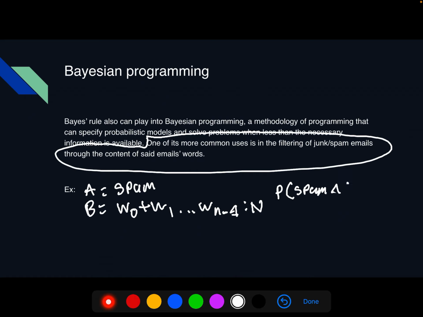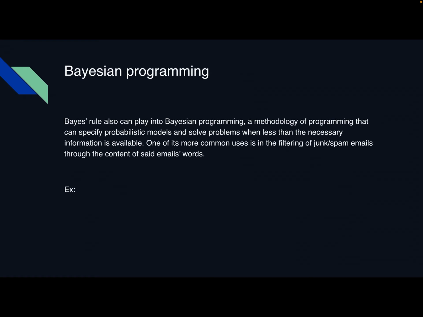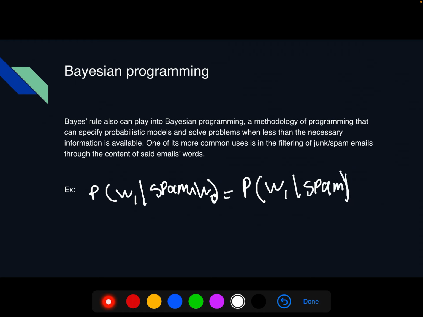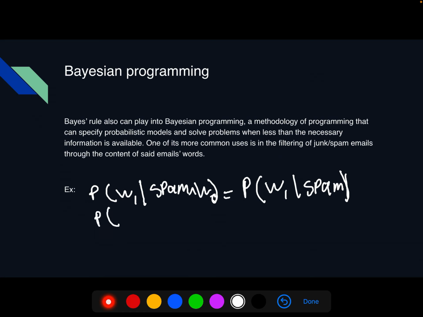So let me write this down real quick. And then we can assume that the programmer can assume that, oh wait, shoot, my thing is gone, so P of W1 through W. So we can assume that a programmer would use this to obtain something like this.